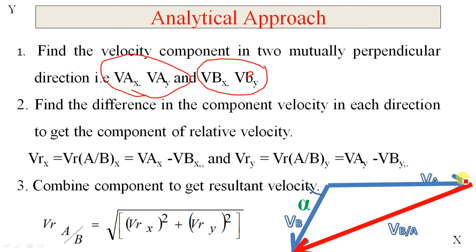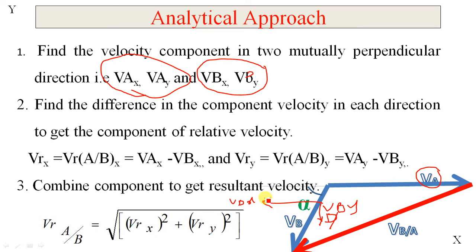If you observe over there, this is Va and this is Vb, we have to resolve this Vb into its two components. Okay, so this is your Vbx and this component is your Vby. So what is Vbx?